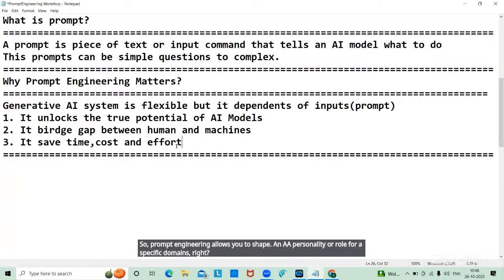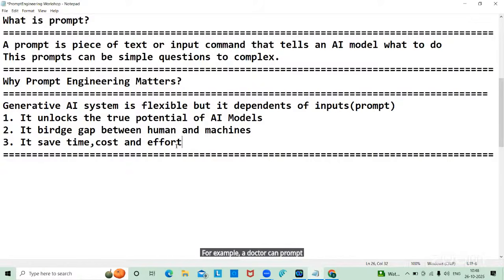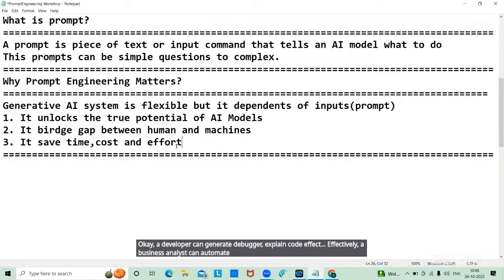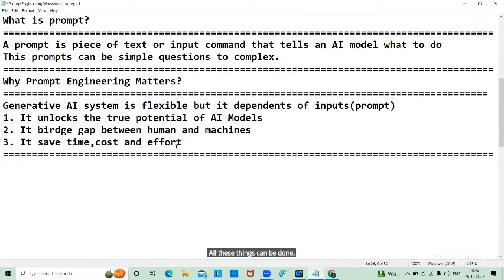For example, a doctor can prompt AI for patient summaries or treatment explanations. A teacher can generate personalized quizzes or lesson plans. A developer can generate, debug, or explain code effectively. A business analyst can automate report writing and insight extraction. All these things can be done within less time with less effort by giving good prompts.